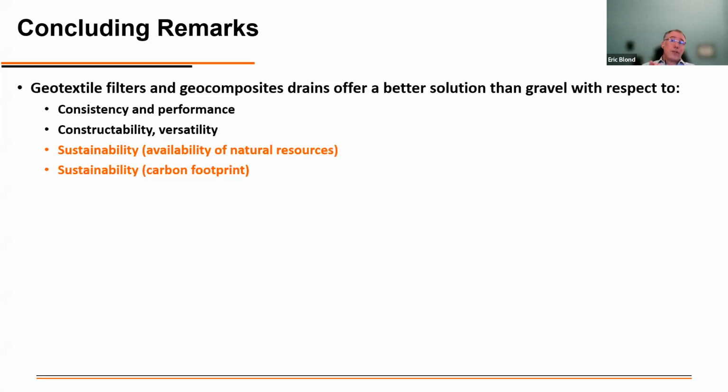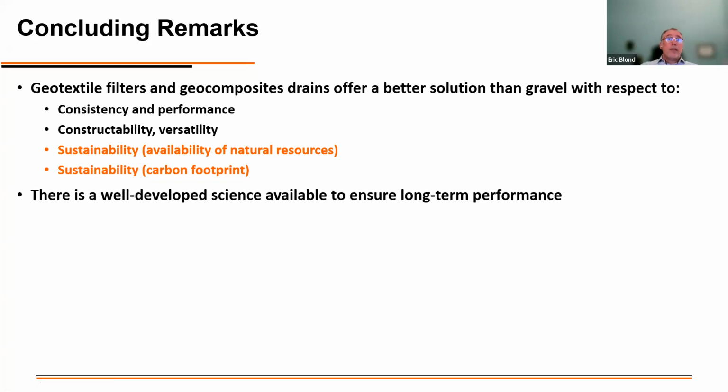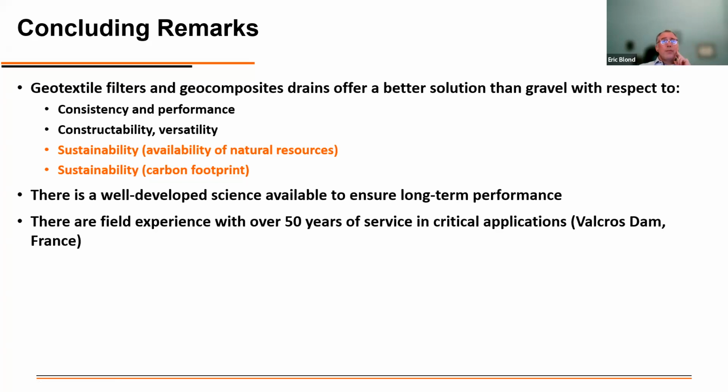First, availability of natural resource. We have a limited quantity of gravel available, and a better carbon footprint overall. There is a well-developed science available to ensure the long-term performance, and we have field experience which are now greater than 50 years for critical applications, such as the Valcroze Dam in France.